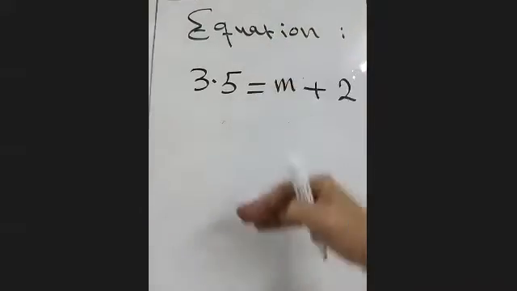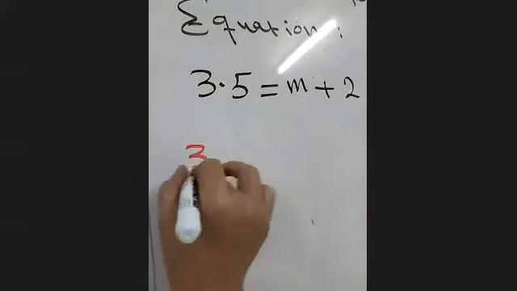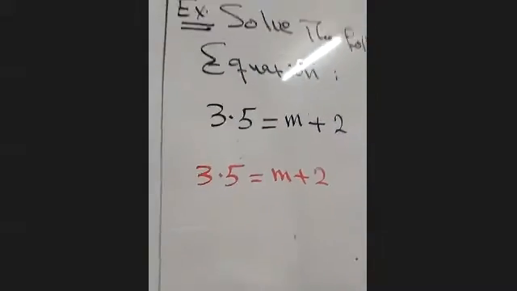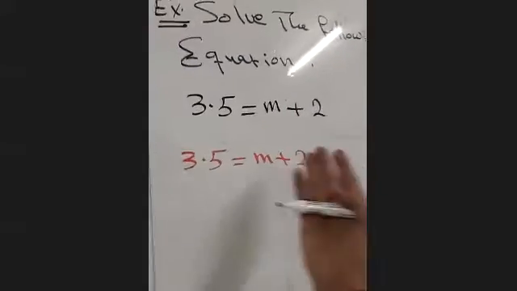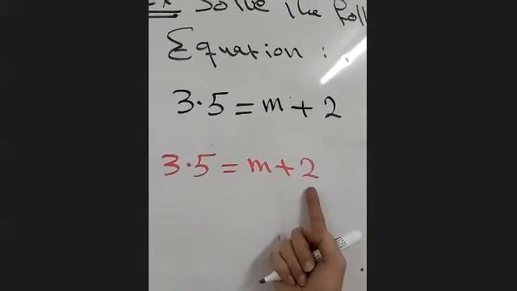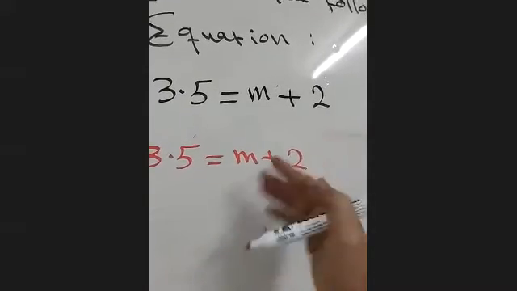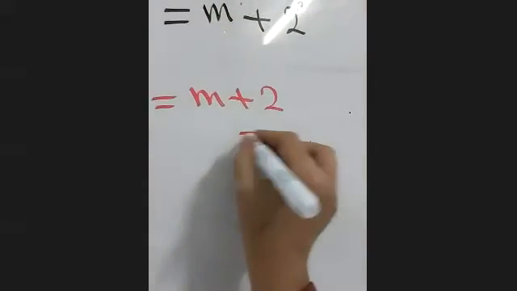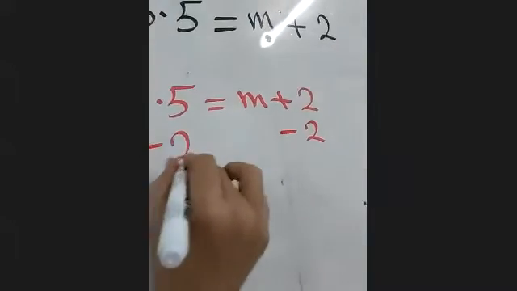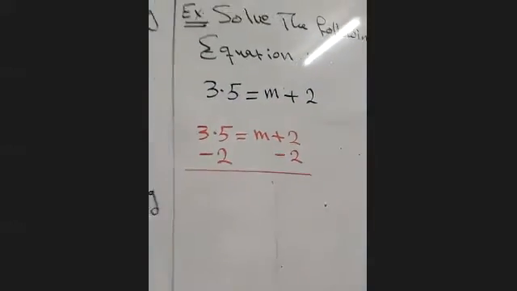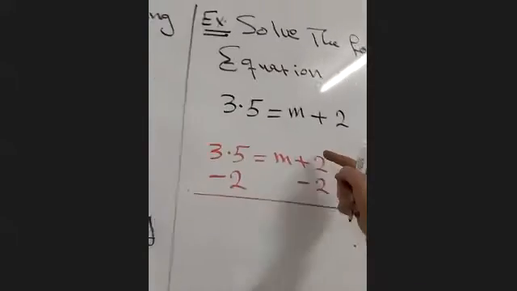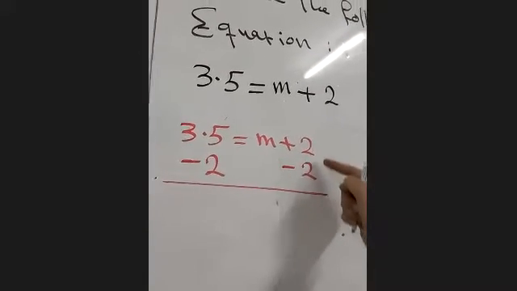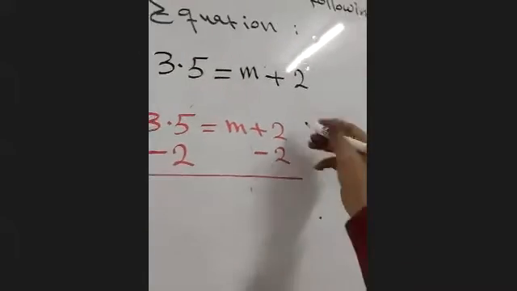Now let's rewrite the equation. 3.5 equals m plus 2. Now, what's the connected number here? It's plus 2. Get rid of it. How? By subtracting 2 from both sides. Now, plus 2 with minus 2, 0.